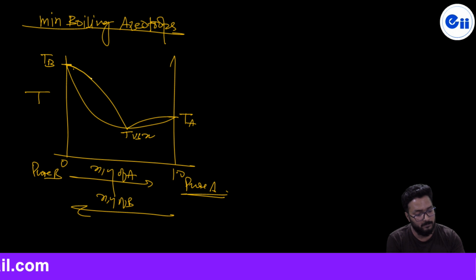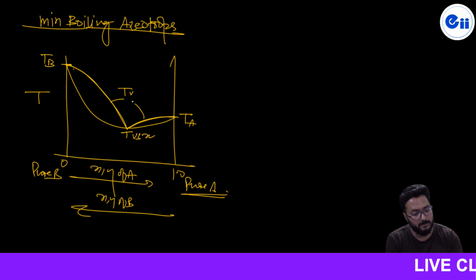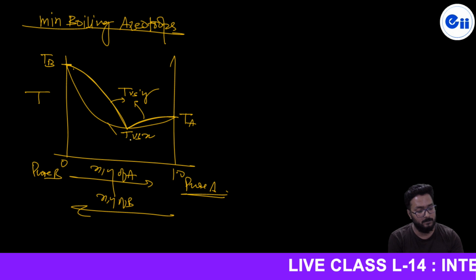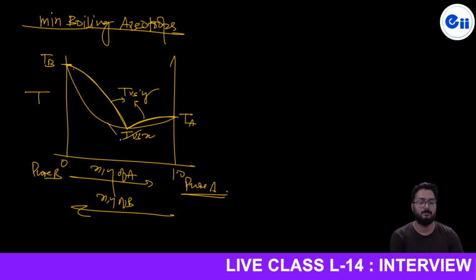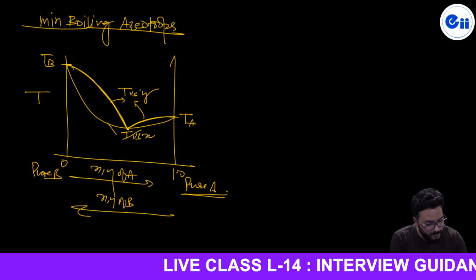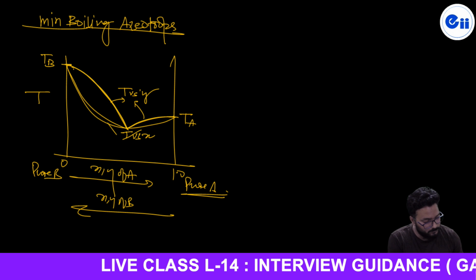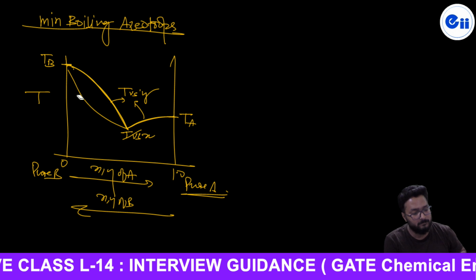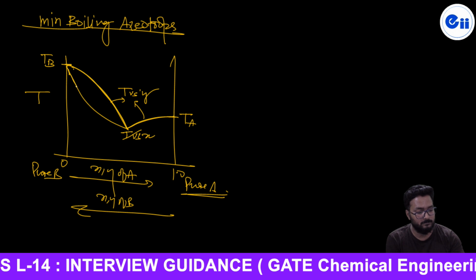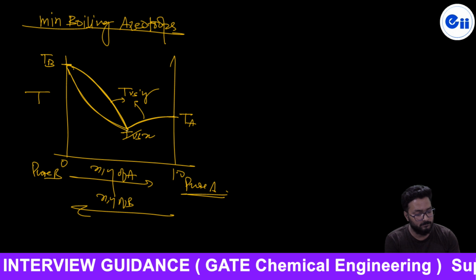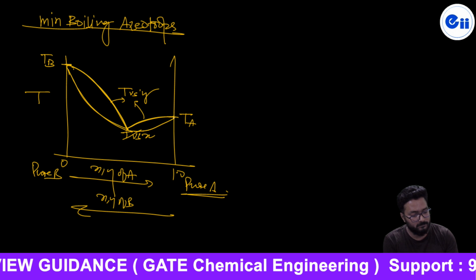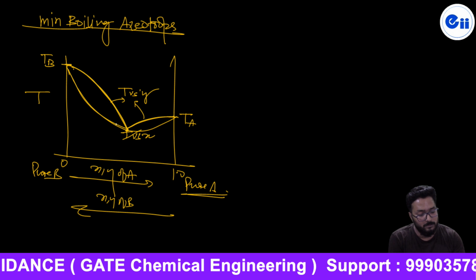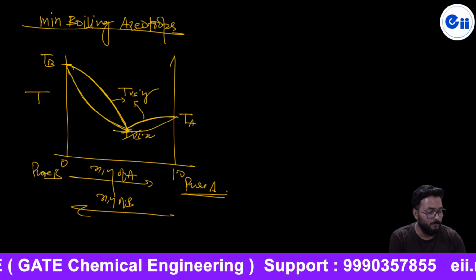Listen, this curve, that is your T versus y. This curve is T versus x. And at this point you are going to observe, my dear student, that the boiling point is found to be minimum.